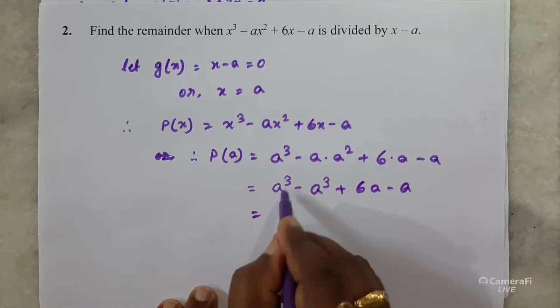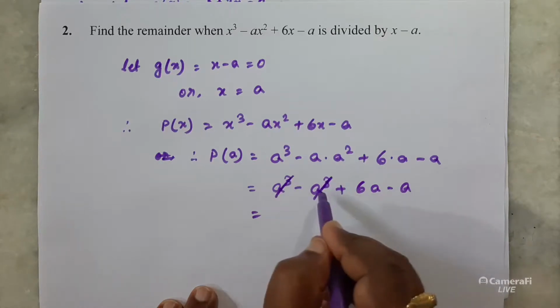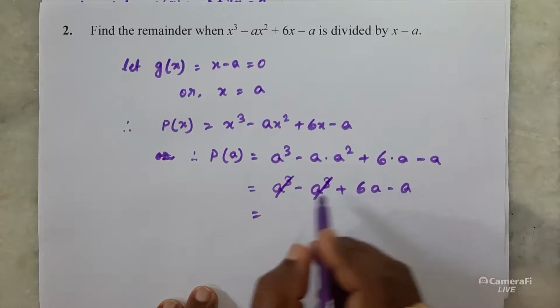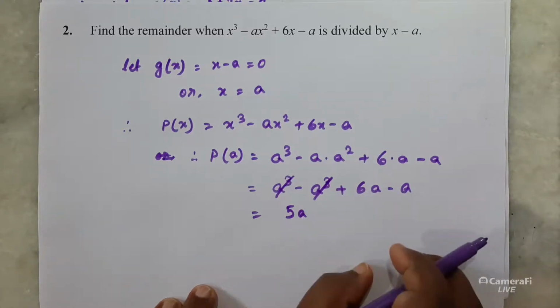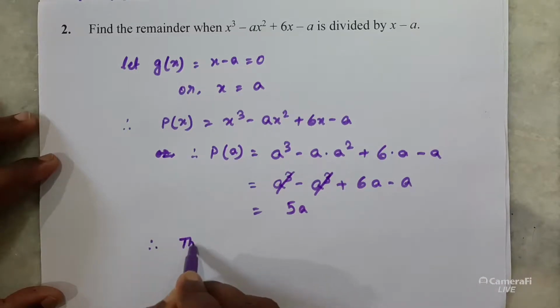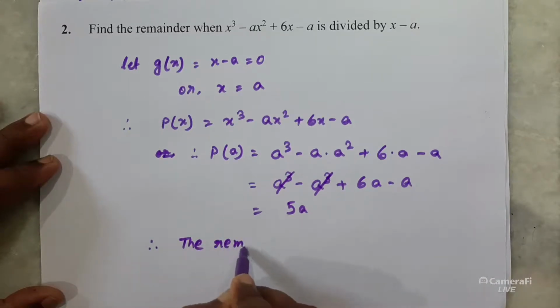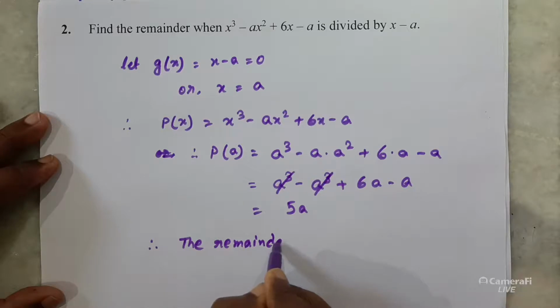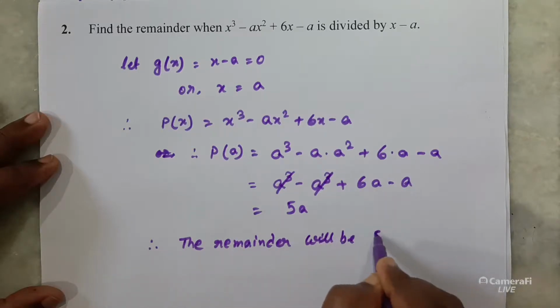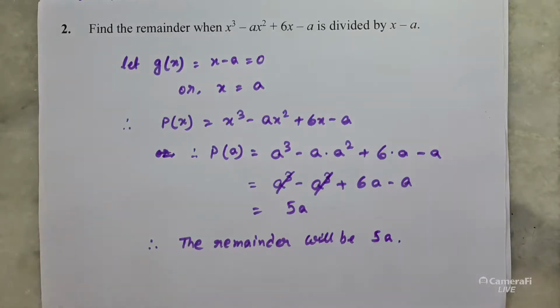The a cube terms cancel each other, since this is plus a cube and this is minus a cube. So 6a minus a means 5a. Therefore the remainder will be 5a.